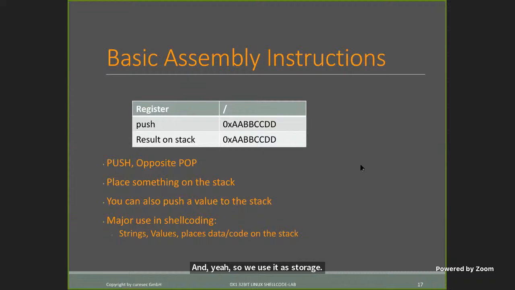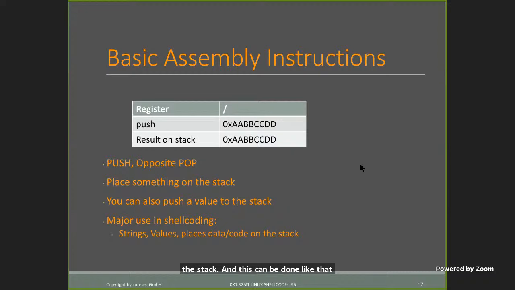We can not only push registers, but also immediate values. Well, this is just an example. So we don't need to set a value in a register and then push it. We can simply say, okay, I want to push that value onto the stack. And this can be done like that.